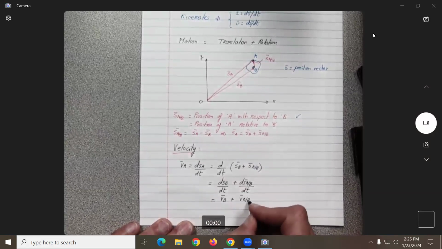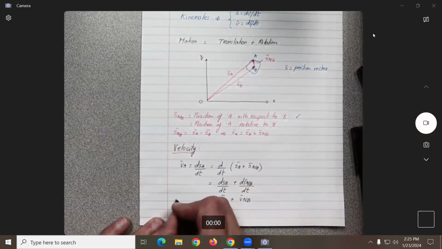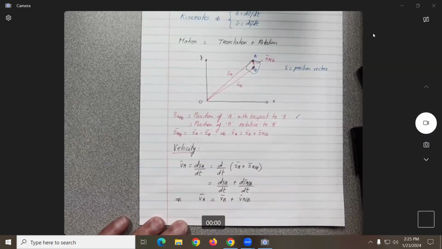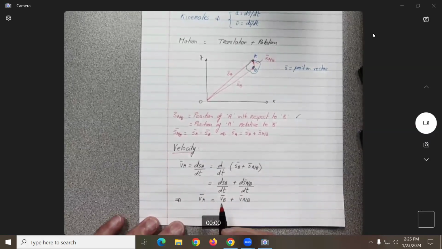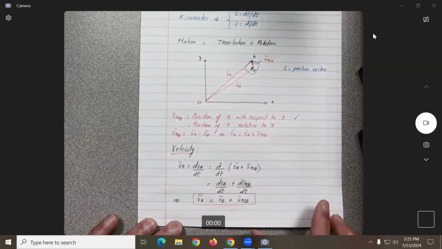Velocity of A with respect to B. Okay? Or let me just put over here VA equal to VB plus velocity of A with respect to B.